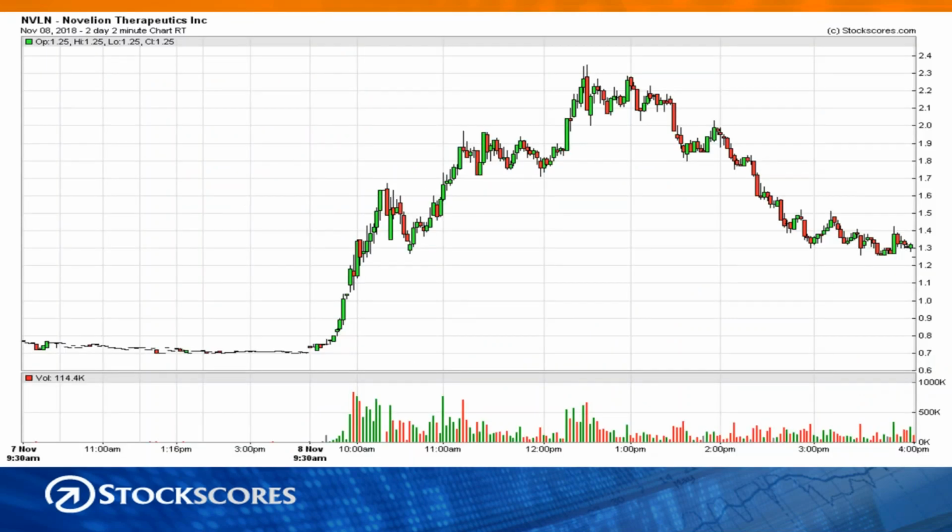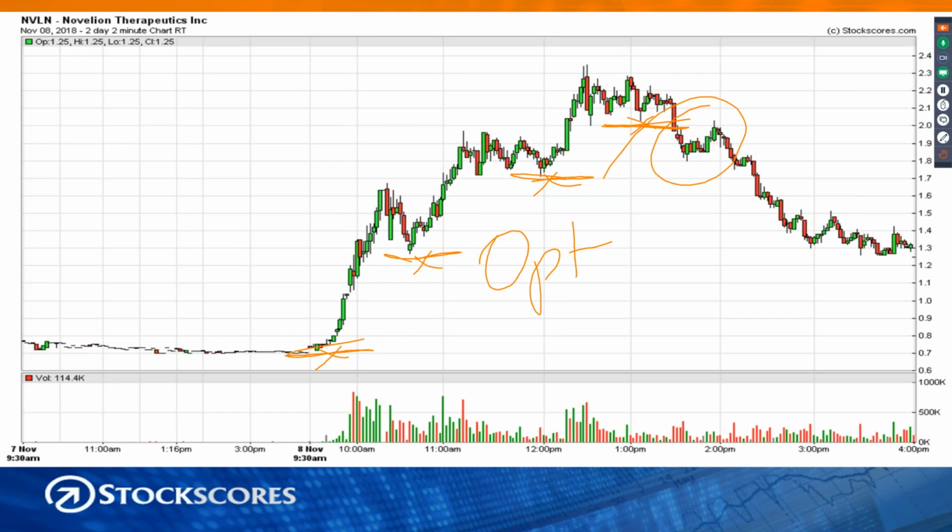Looking at the chart again, I can start with my inflection points, and I can see that they are rising from left to right, and therefore I have optimism. They stopped rising from left to right in here, so I no longer have optimism. Optimism has gone. Guess what replaces optimism? Pessimism. We'll talk about that in a second.